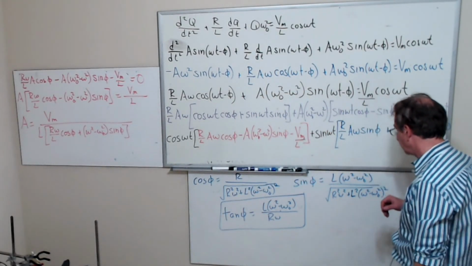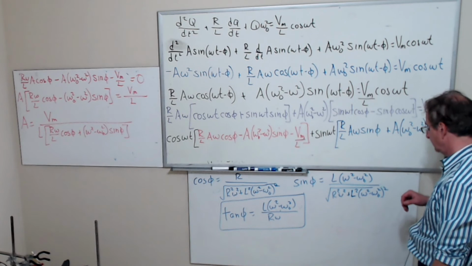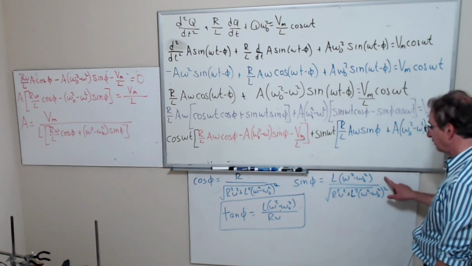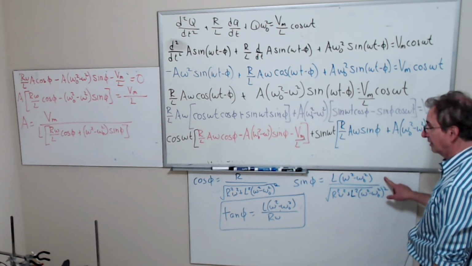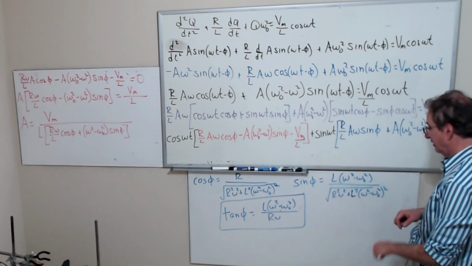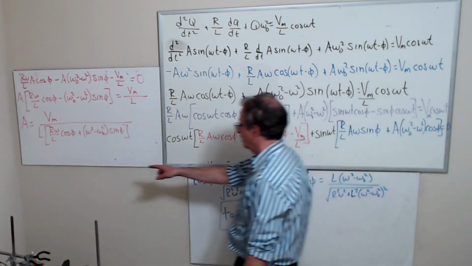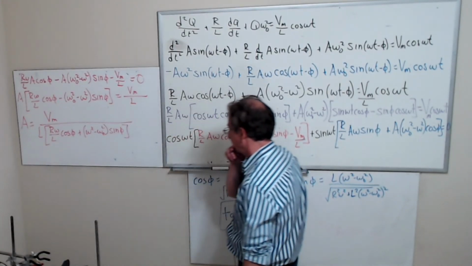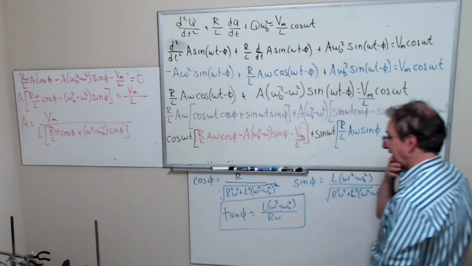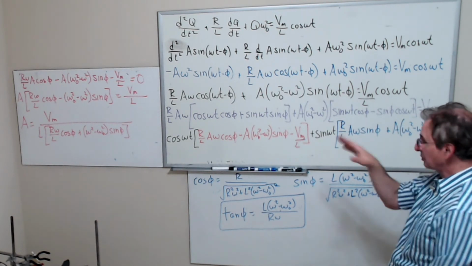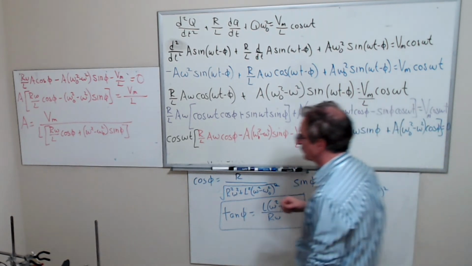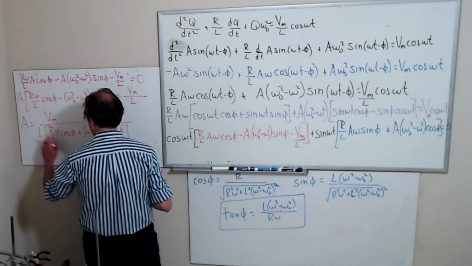Now, if I put in the expression for sine of phi in there, and I put in the expression for cosine of phi over there, and I distribute the L through. In fact, let me distribute the L through first.